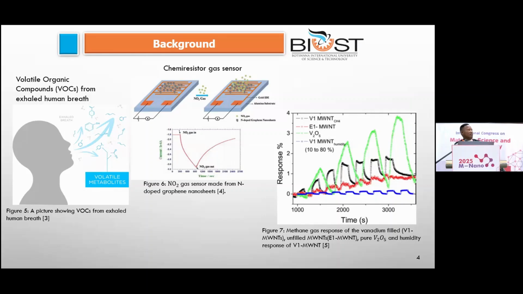These chemical-resistive gas sensors are mostly made from metal oxide semiconductors, because metal oxide semiconductors have high sensitivity, but they suffer in selectivity and have long response and recovery times.